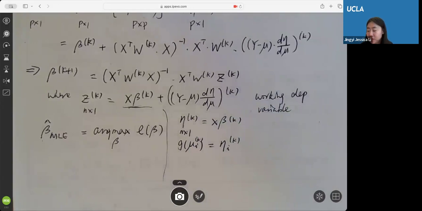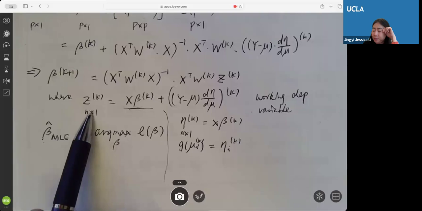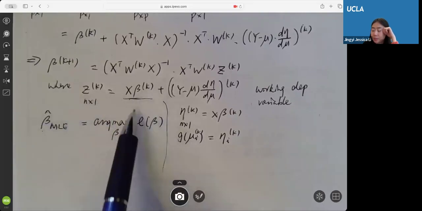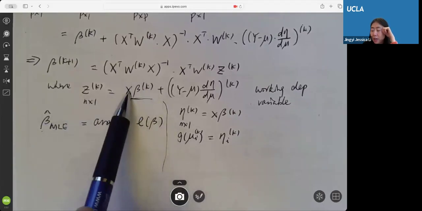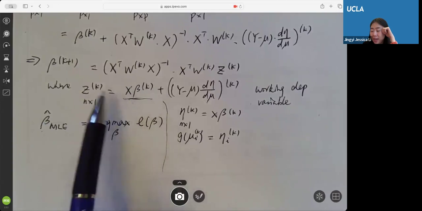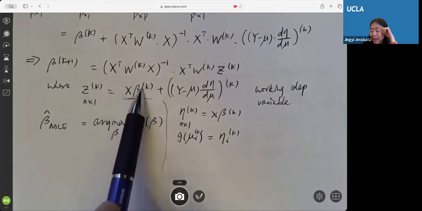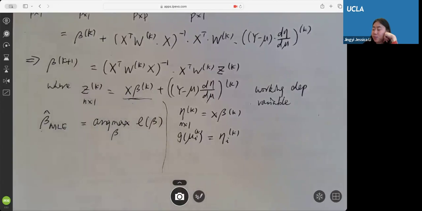And you see, essentially, g, the link function, maps the expectation of our response to the linear predictor, right? That's what it does. And if we look here, essentially, this zi is like eta i. It's like the linear predictor space.